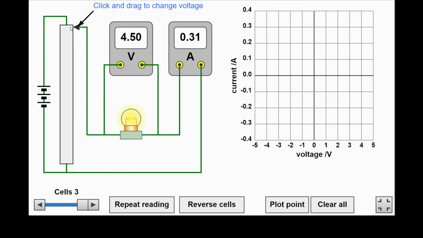So with a relatively high potential difference on our light bulb, we'll plot our point now, and I'm going to come down gradually, and we can see as we plot these points, this time the line is starting to look a little bit different, and it looks more different as we get closer to the origin.